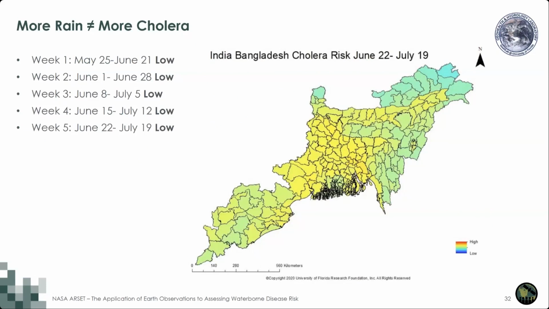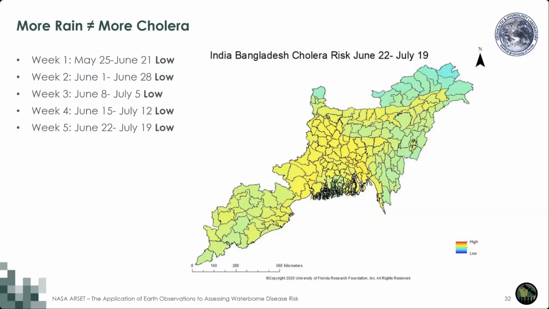So one example is in India and Bangladesh. There was a huge flooding scenario occurring, I believe, in 2019, 2020, where we had a lot of reports of flooding, and there was a big outcry that there was going to be a cholera outbreak due to the flooding in the region. But our model suggested that this risk was low because the temperatures of the region were below average.